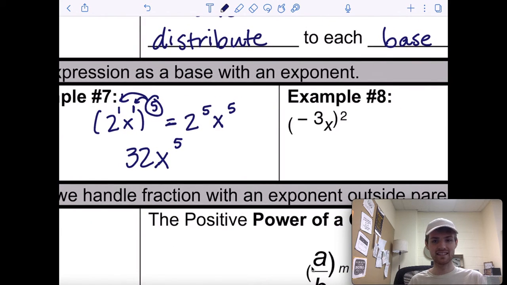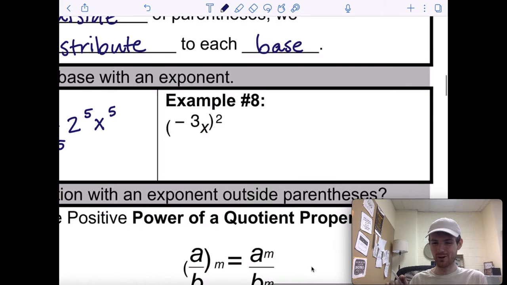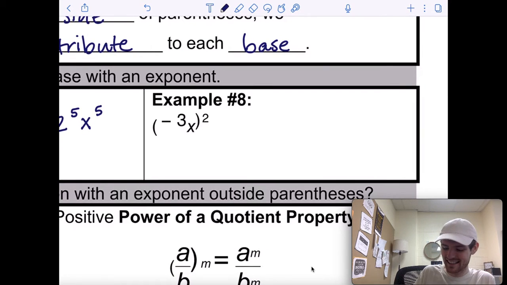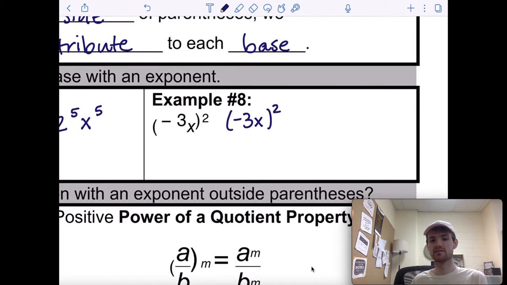Example 8, interesting element. What we're seeing here is negative 3x squared. So let me throw in my 1s for my exponents just so we can see what's going on. Still going to give my 2, distributing that in.